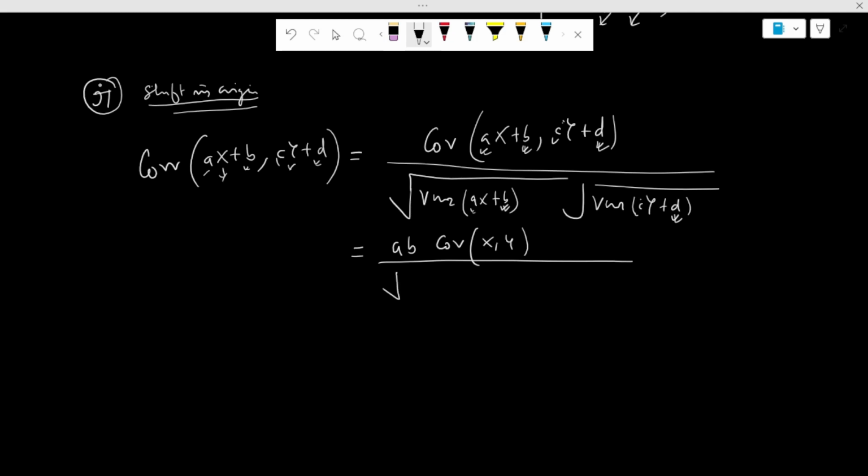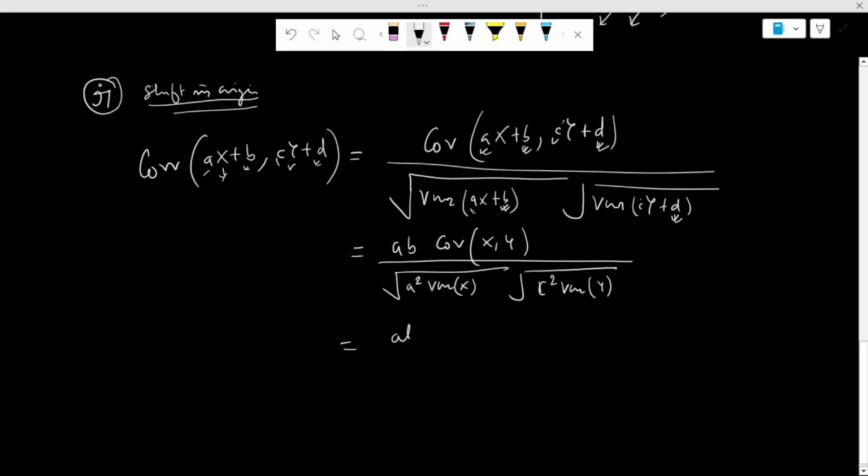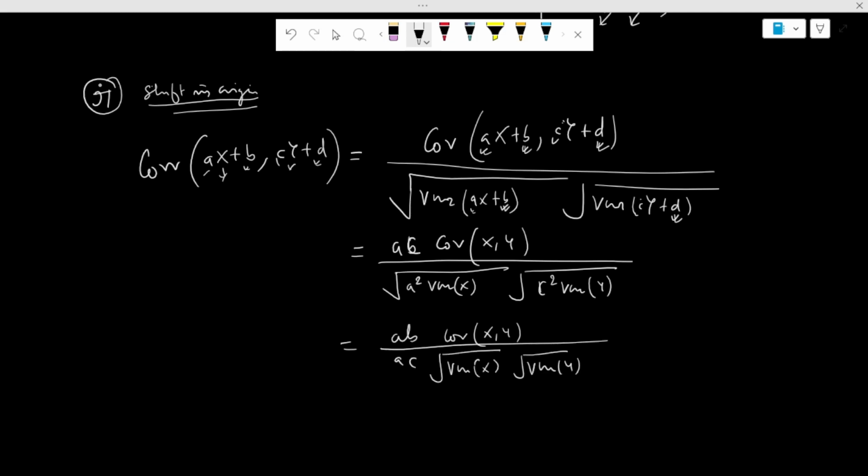So this is equal to a square variance of x and c square variance of y, all divided by, so the square root of a square is a and the square root of c square is c. So we are left with ac over here, and ac and ac cancel out, and we are left with again the correlation between x and y.